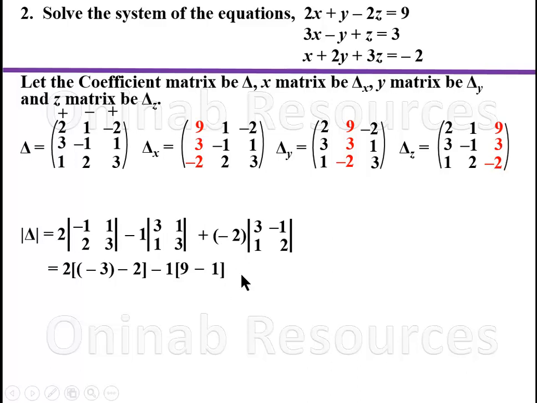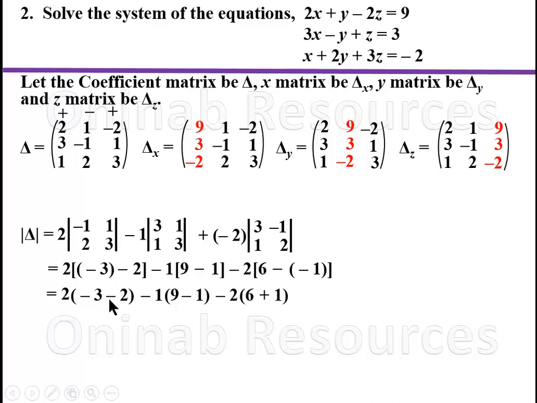Then positive negative gives negative. 2 times 3 gives 6, minus 1 times negative 1 gives negative 1. So here we have 2. Remove this inner bracket. This is negative 3 minus 2. This is negative 2, 9 minus 1, negative 2, 6. Negative gives positive 1. So we simplify.